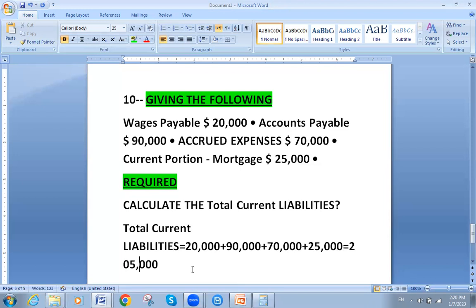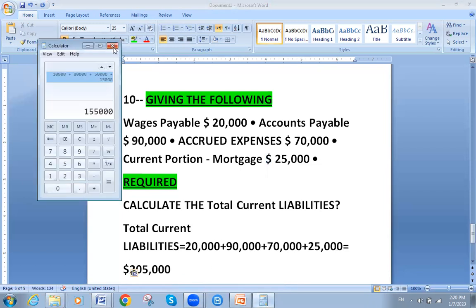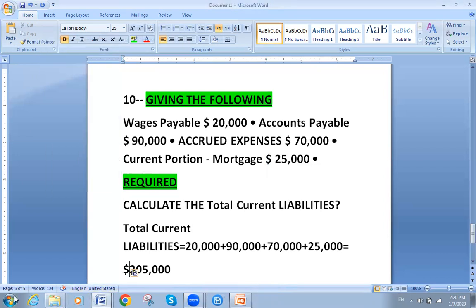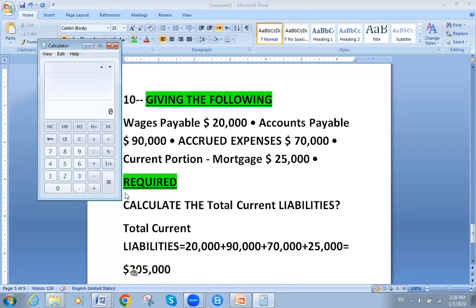And here I will put it down, and this is the result in dollars. When we add them up together, that will be the 20,000 plus 90,000. This is 110. Let's do it with the calculator. It's better to do it with the calculator, so everybody will be convinced with the results.